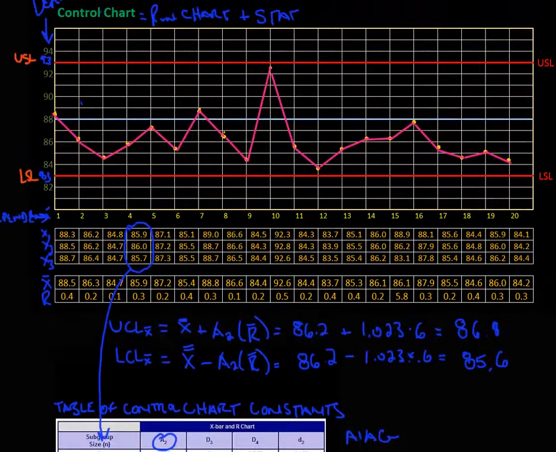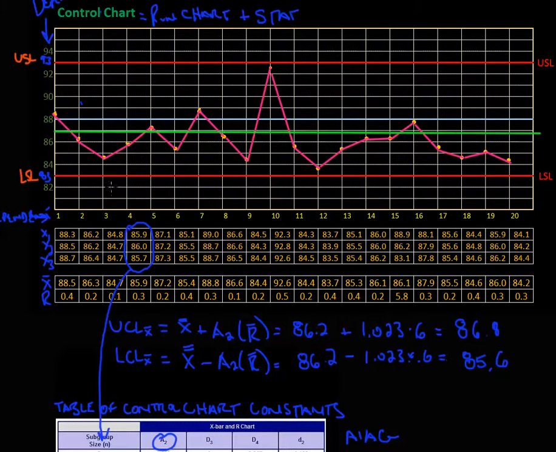So now we're going to plot our control limit lines and turn this run chart into a control chart. So our upper control limit, 86.8, 86.8, right about there. I'll run this off here. So that's our upper control limit.